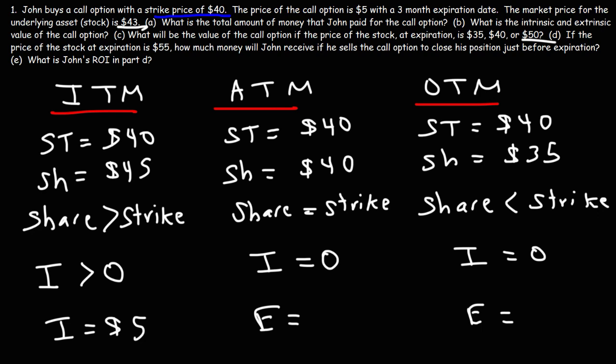So in order to be successful at trading at the money or out of the money options, you need to be right not only about the direction of the stock price, but also about the timing as well. Whereas if you buy in the money options, timing plays less of a role. It's still important, but not significant. You need to be right mostly about the direction of the stock price.